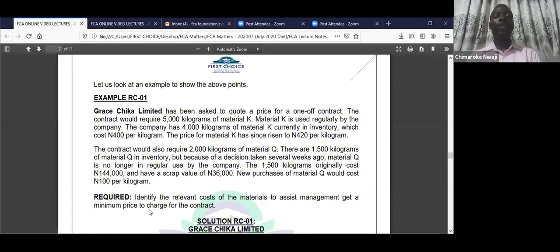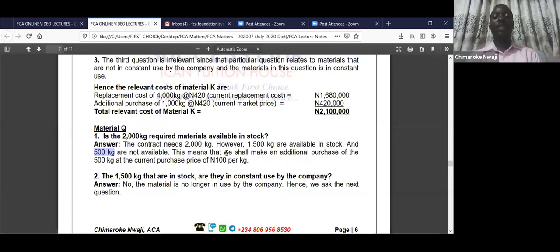So if it is no longer in regular use by the company, it means it is not in constant use. If it was in constant use, it means when you take that 1,500, you are duty bound to replace it. But now it is not in constant use.